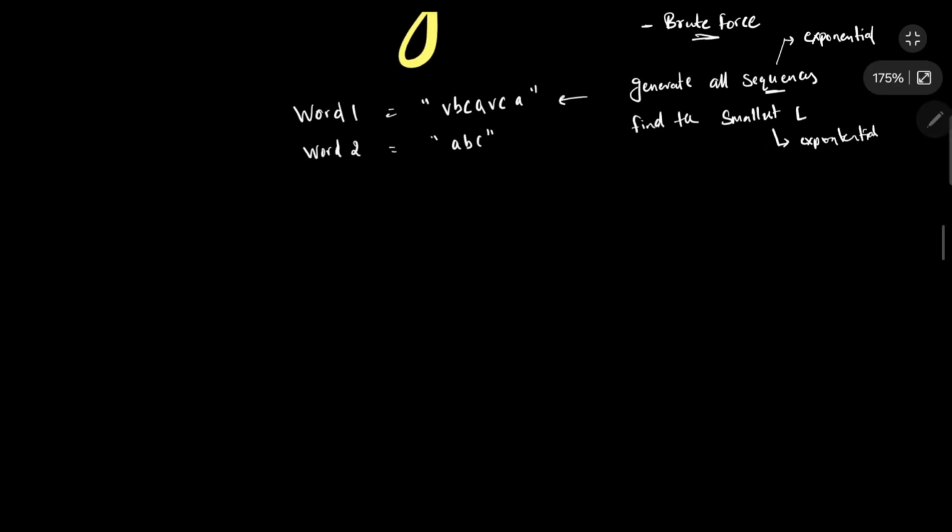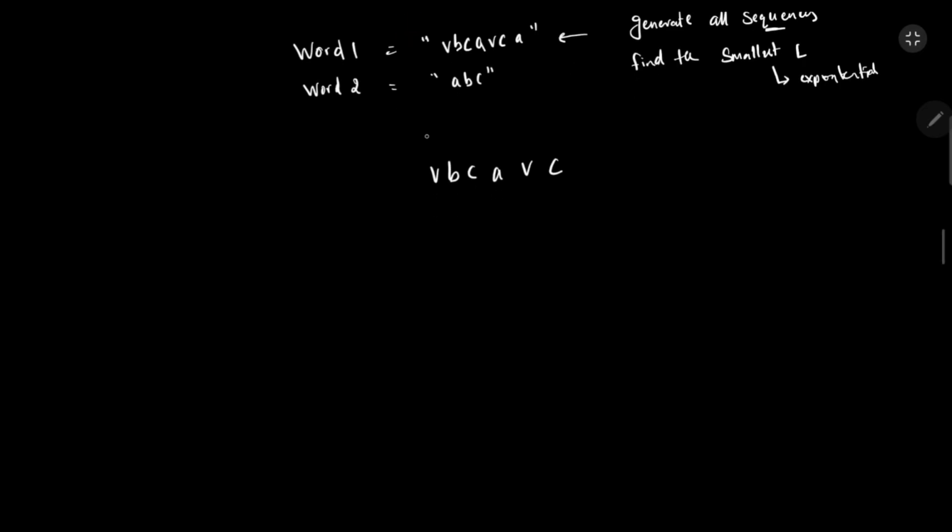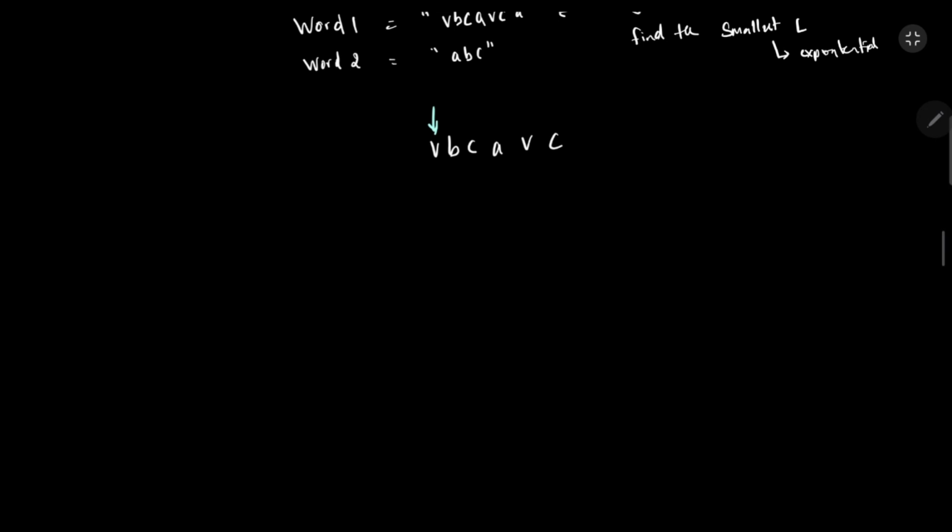Now one thing is that we have V, B, C, A, V, C. What we will do is, for the sequences, each character has two choices: either we can take it or not take it.